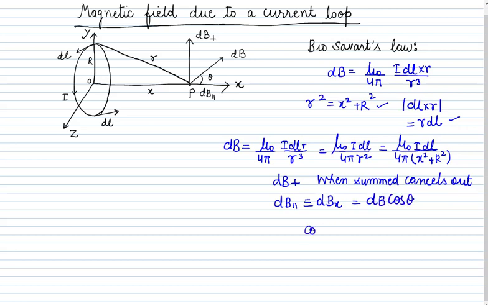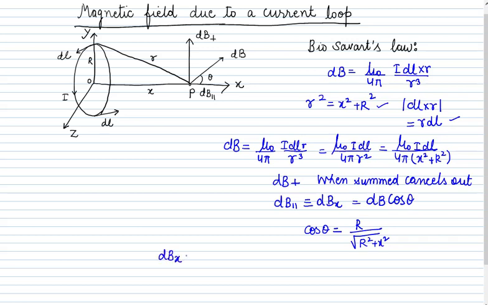And if you want to calculate the value of cos theta, because if this angle is theta, then this angle would also be theta. So the value of cos theta is r upon the square root of r square plus x square.